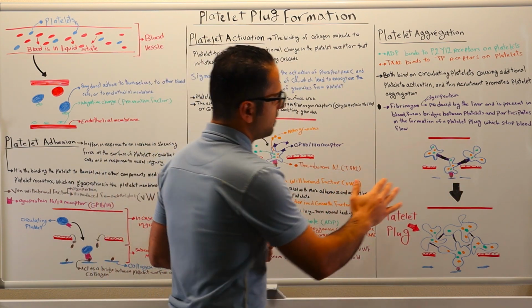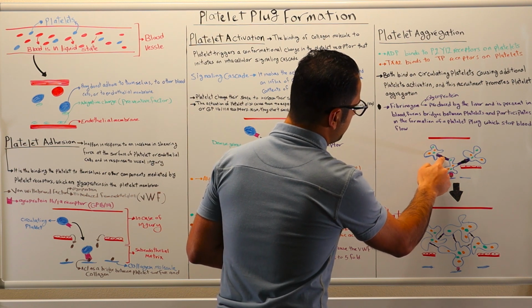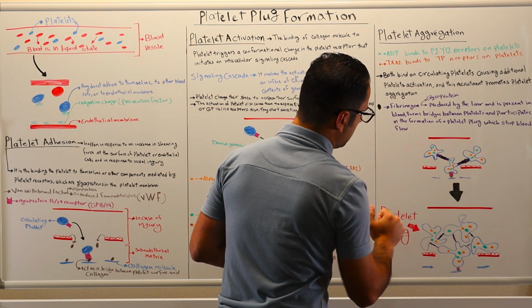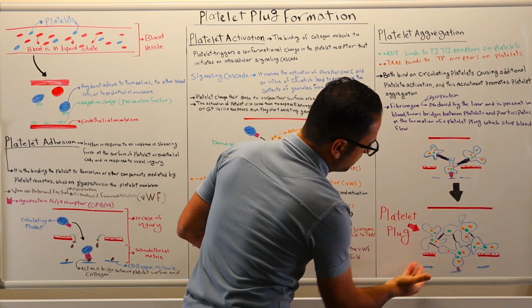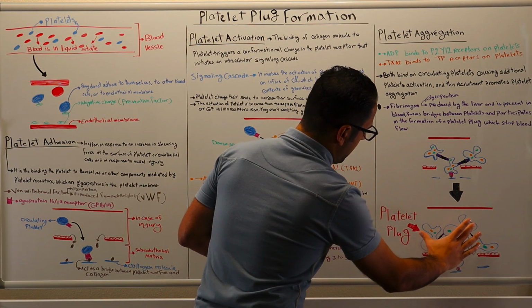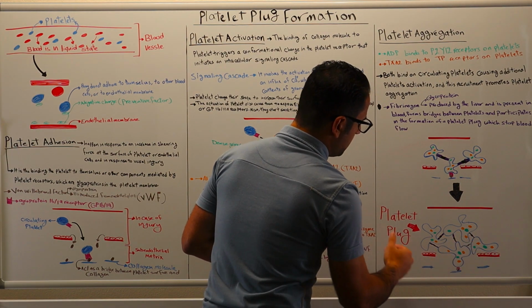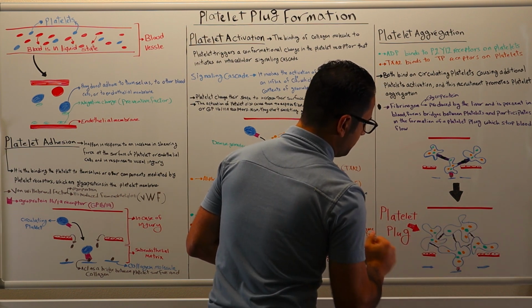As we can see over here, there is the fibrinogen receptor, and fibrinogen connects these platelets together. As more platelets come to this site, we form more of the platelet plug. And this basically prevents the blood from flowing out of the injury site.